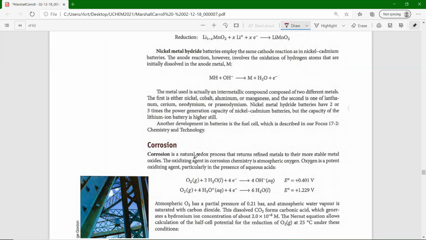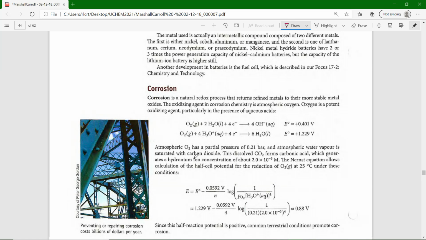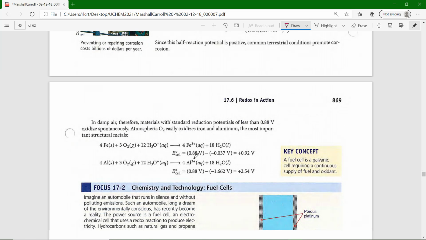Corrosion, you actually get a mini electrochemical cell created when things start to corrode. Oxygen is key for corrosion. Rust is an example of corrosion. Corroding bridges, that's scary, right?